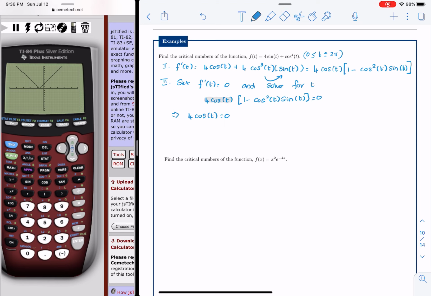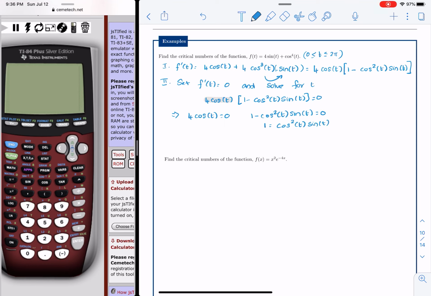Or the second part, 1 minus cosine squared t times sine t would equal 0. Now, I could rewrite this as 1 equals cosine squared t times sine t.